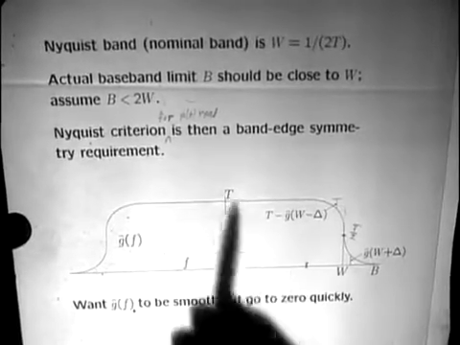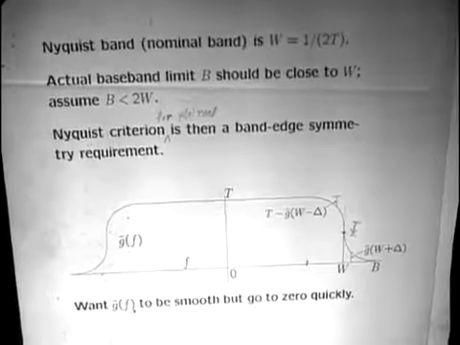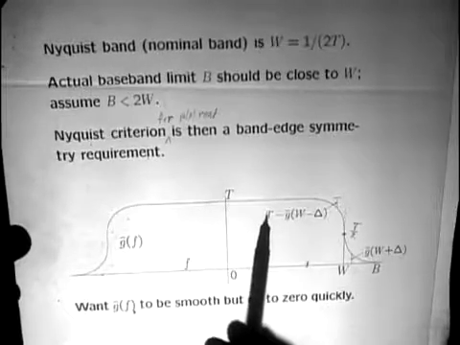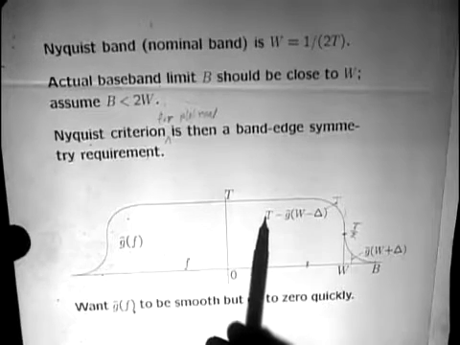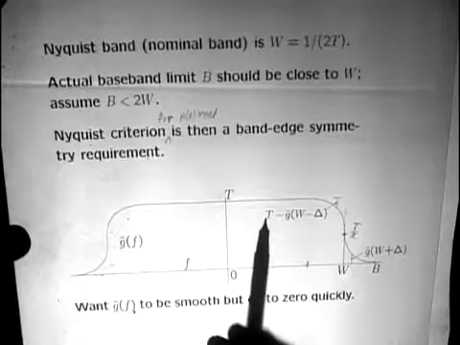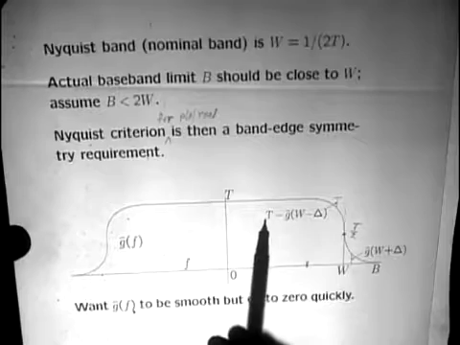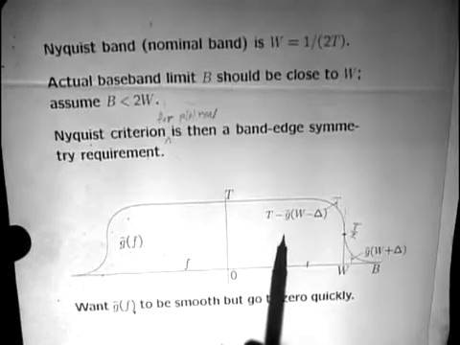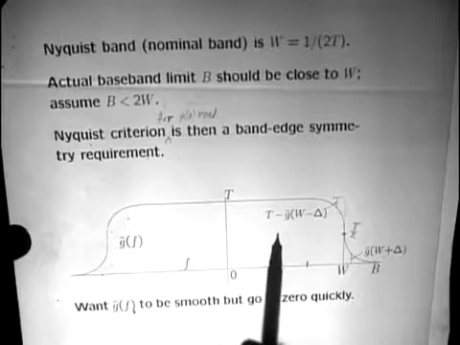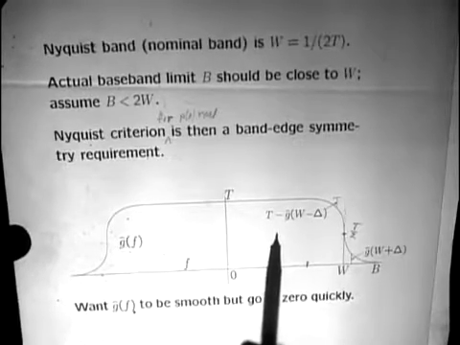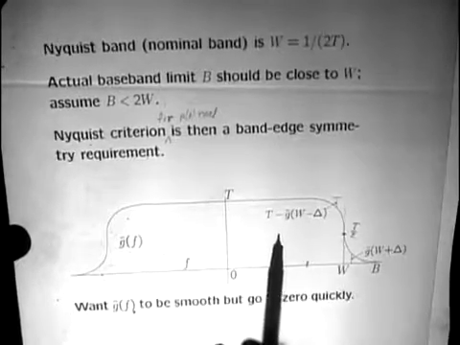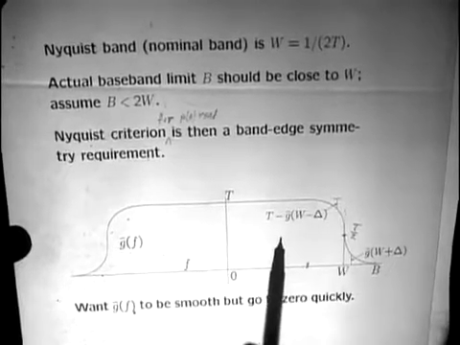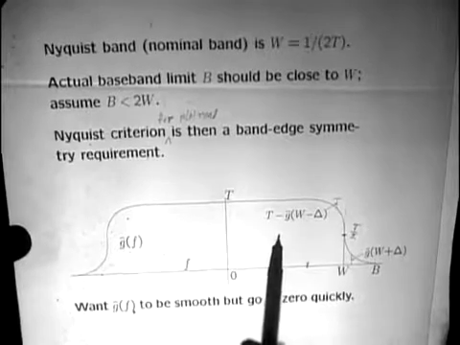You want it to go smoothly because if you have any discontinuities in g of f, you're back to the problem where g of t goes to 0 as 1 over t. If you have a slope discontinuity, g of t is going to go to 0 as 1 over t squared. If you have a second derivative discontinuity, it's going to go to 0 as 1 over t cubed. Now, 1 over t cubed is not bad, and filter designers sort of live with that.